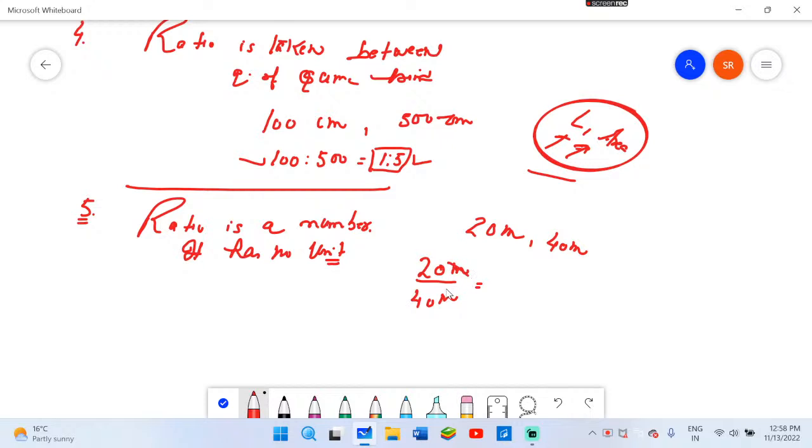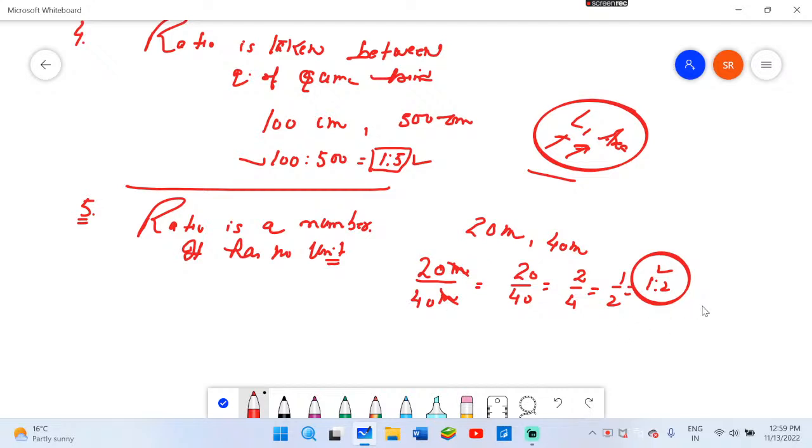Therefore, unit is cancelled. So 20 upon 40, we cancel by 10. It is 2 by 4. And it is 1 by 2, which we write as 1 is to 2. So here the common unit got cancelled.